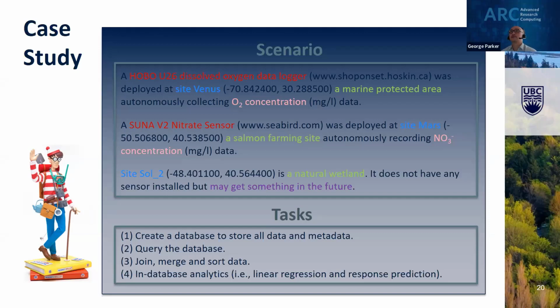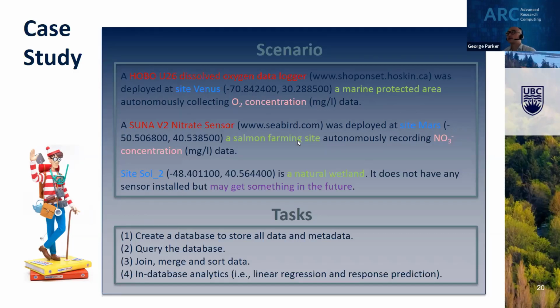Okay, so we're moving on to our case study. This is our scenario. There are 3 sites: Venus, Mars, and SOL2. At site Venus, which is a marine protected area, we have an O2 oxygen sensor deployed, collecting oxygen data.